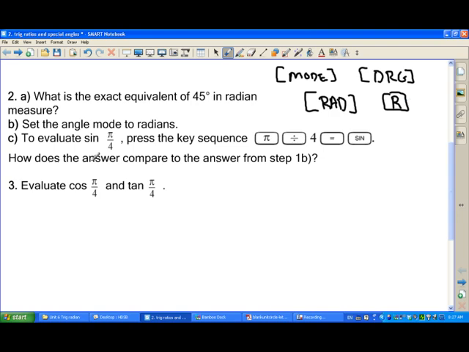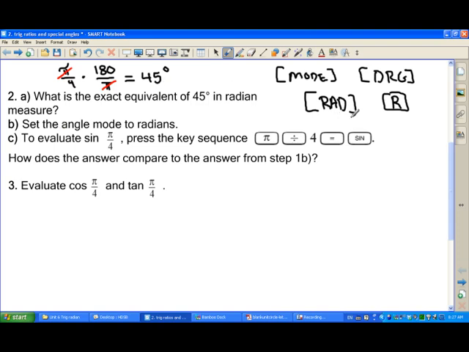And with your calculator in radian mode, we can now do things like evaluate the sine of pi over 4. Pi over 4, if I multiply by 180 over pi to convert to degrees, is equivalent to 45 degrees.